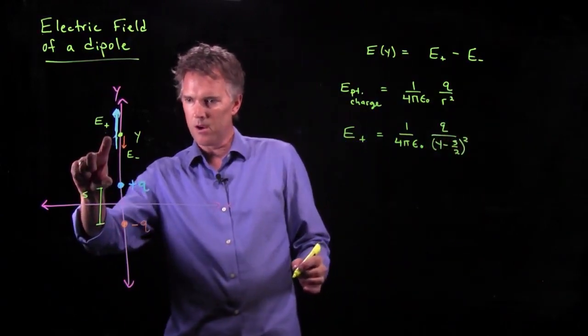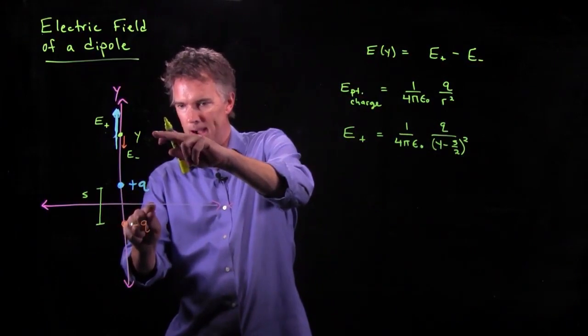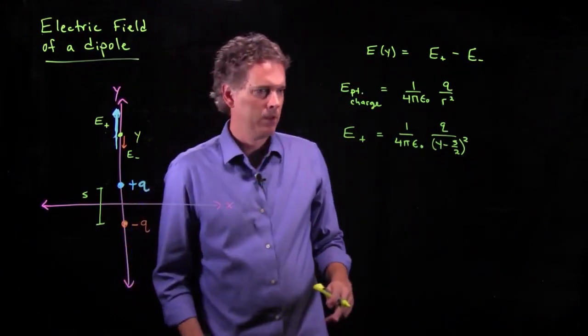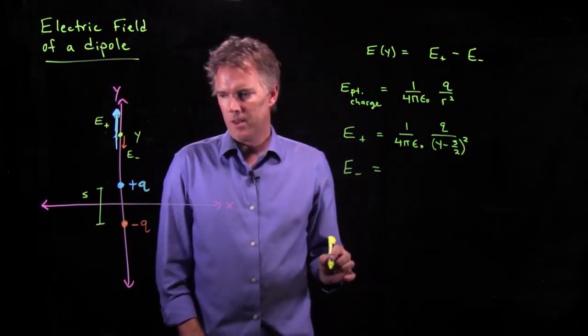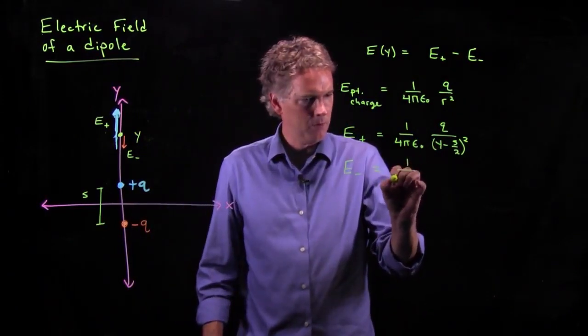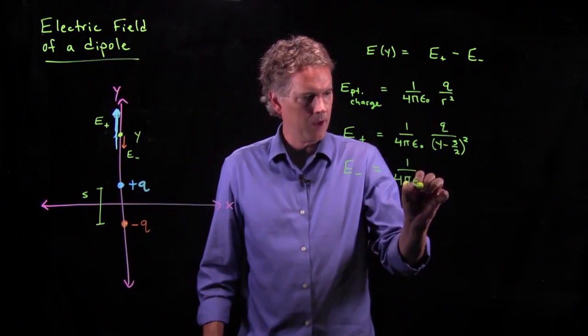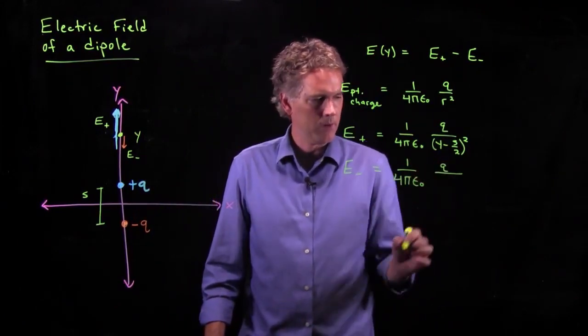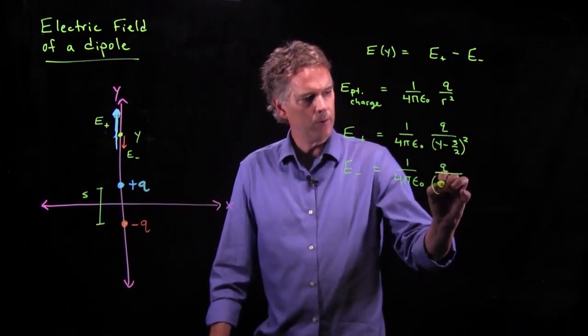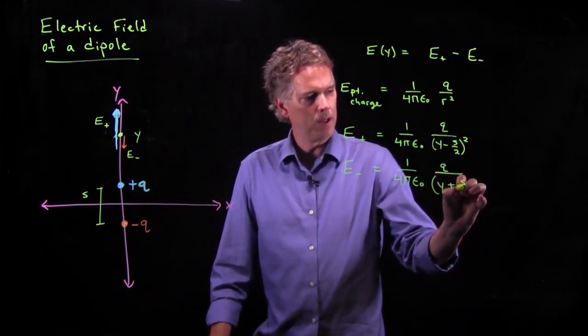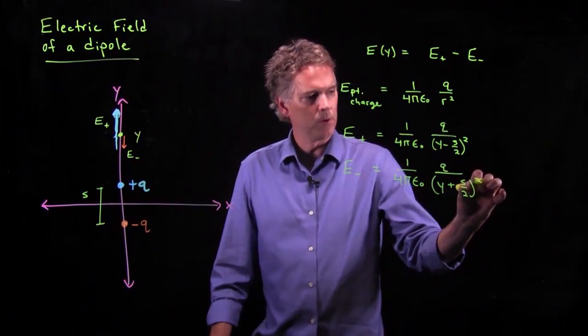That's this distance right here. It's y minus s over 2. All right, what about the negative? The negative is also 1 over 4 pi epsilon naught. We have a q sitting right there. And now in the denominator, we are a little bit further away. Y plus s over 2, quantity squared.